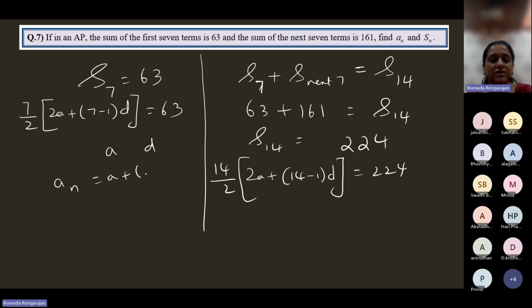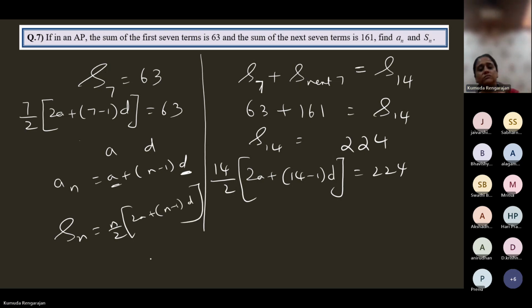AN means A plus N minus 1 into D. Put the value of A and D here, and you'll get a linear expression in N. And Sn means N by 2 of 2A plus N minus 1 into D, or the other formula, N by 2 of A plus AN, whichever. Substitute for A and D, and you'll get the expression for Sn, which is quadratic in N.